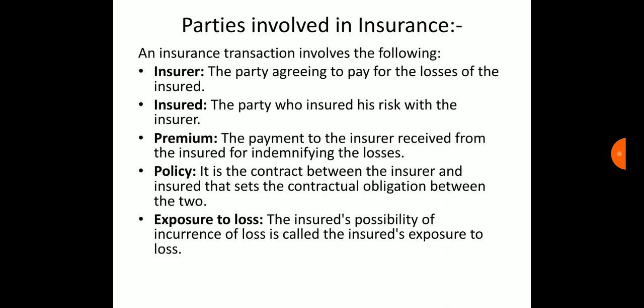Premium: the payment to the insurer received from the insured for indemnifying the losses. Policy: the contract between the insurer and insured that sets the contractual obligation between the two. Exposure to loss: the insured's possibility of incurrence of losses is called the insured's exposure to loss.